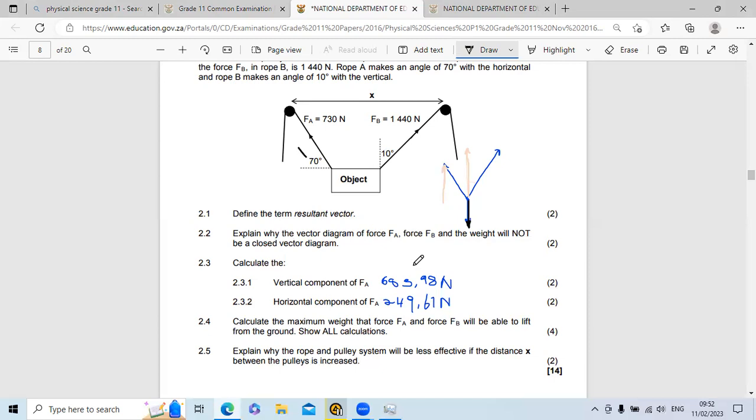After finding all the y components, since they want you to find the maximum weight, that means at this weight your resultant force should be 0 or approaching 0. Do you understand that part?